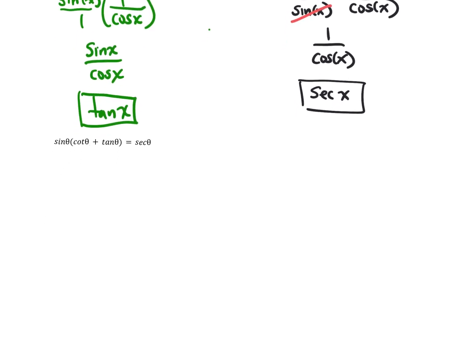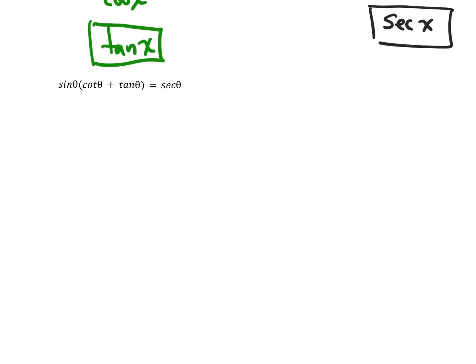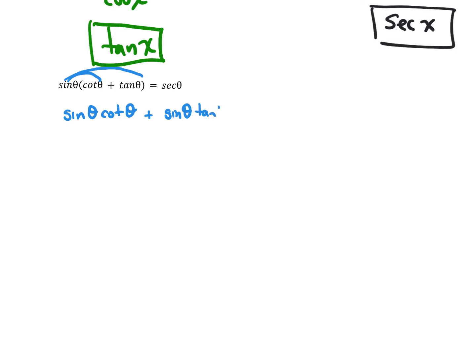Let's look at this one. This one's a little trickier. So if I was going to try to simplify this one, first thing I would think is, okay, what side am I going to start on? There's no real good way, but if I had to guess, I would say let's go ahead and start on the left. Mainly because I see an expression in front of a binomial expression, so that generally means distribute. So I get sine theta cotangent theta plus sine theta tan theta.